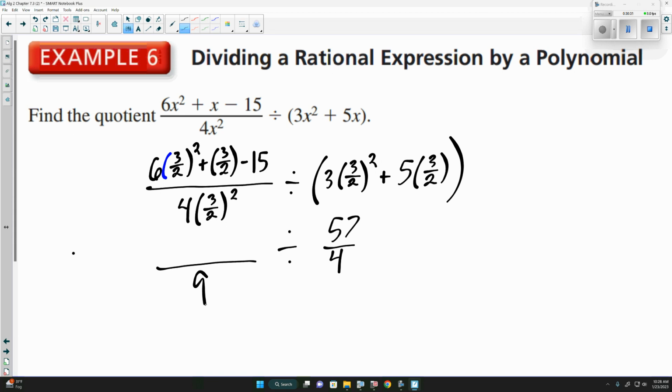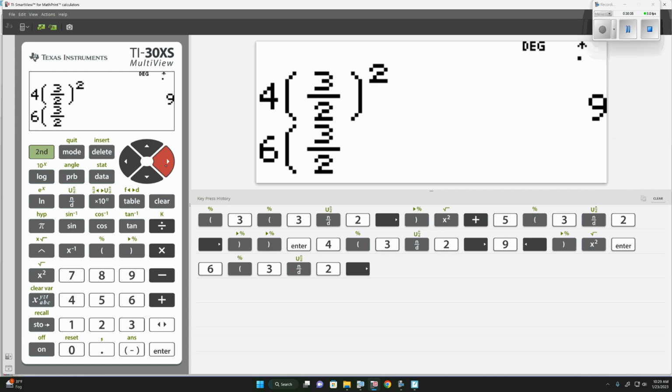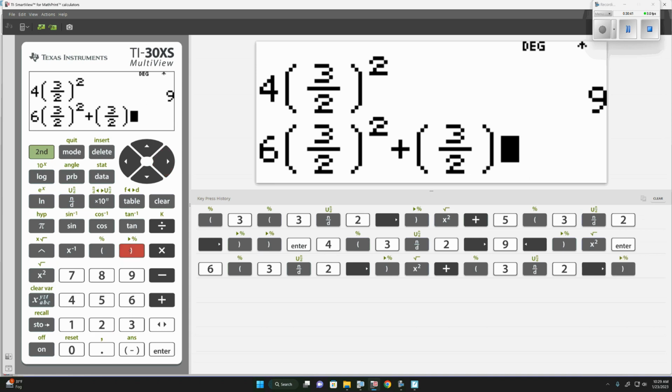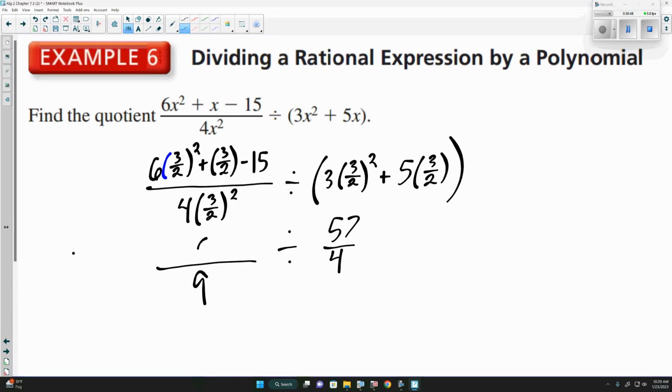Now the top, we'll do it too. So 6 times 3/2 squared plus 3/2 minus 15. 0. So this here became 0, yes?